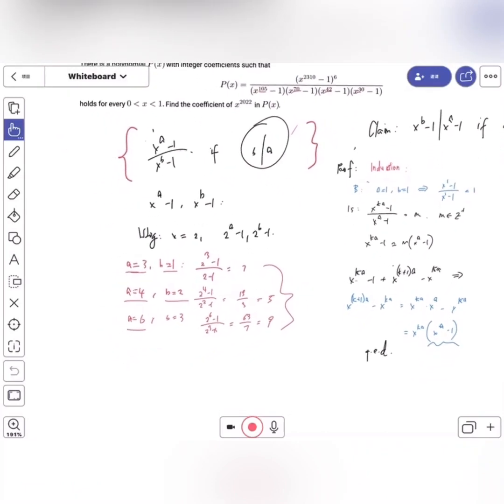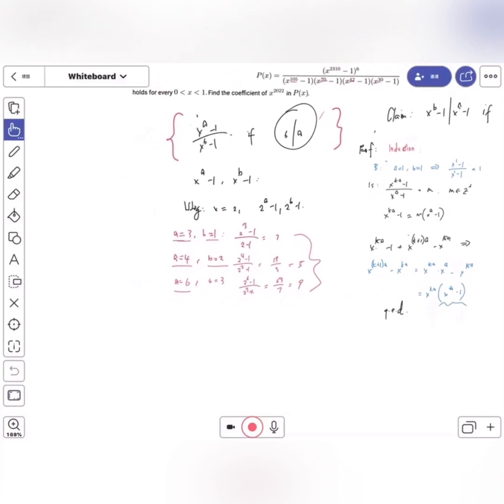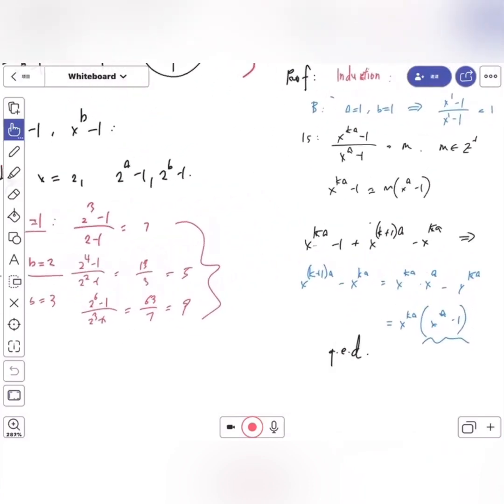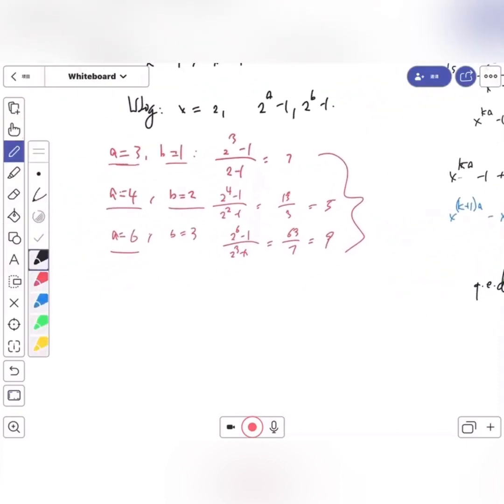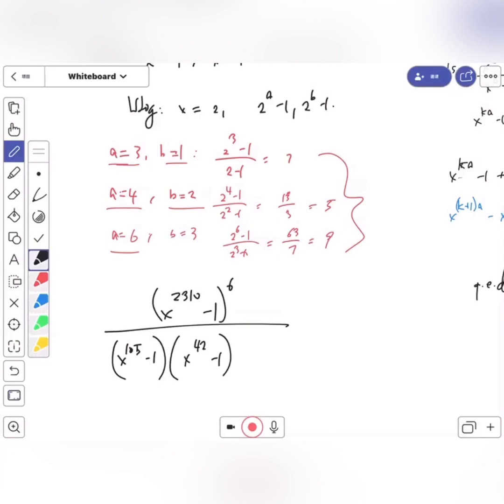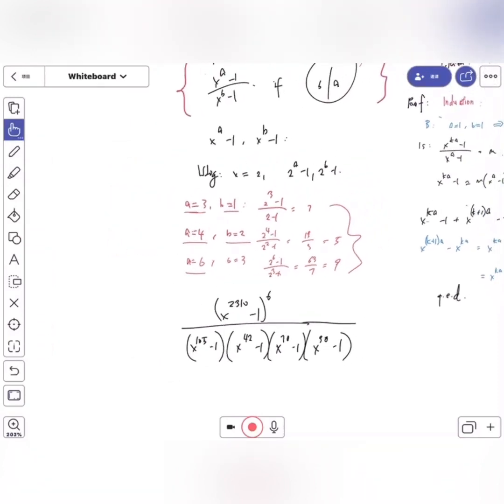Now we can actually just divide the entire thing, going to get this entire expression.